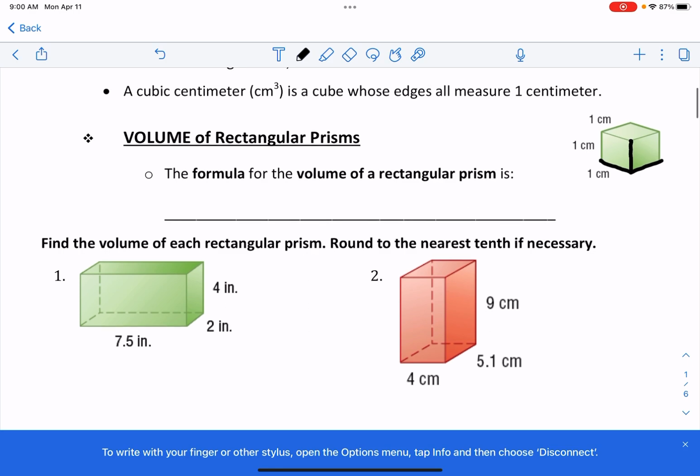So for volume of rectangular prisms, we have volume equal to the length times the width times the height. So super simple one here. All we do is multiply the 3 dimensions together.